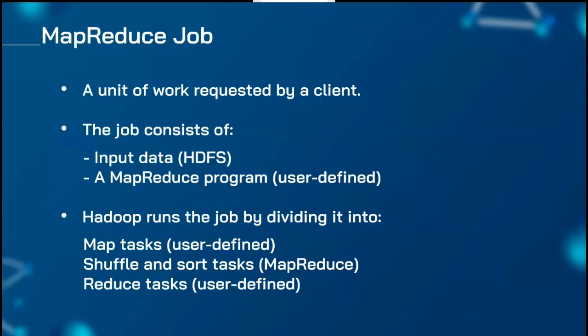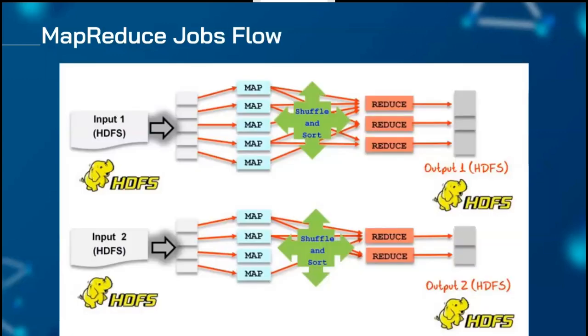Working of MapReduce: the map phase, followed by the reduce phase. Each phase has key-value pairs as input and output. In addition, the programmer also specifies two functions, the map function and the reduce function.